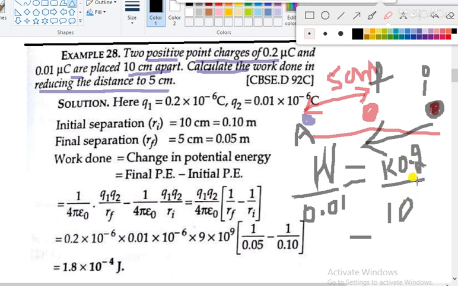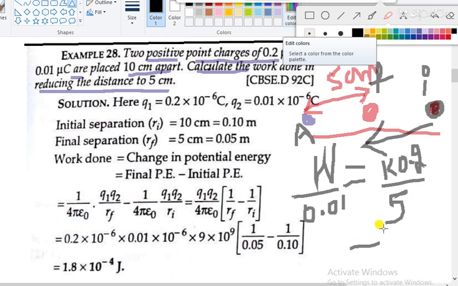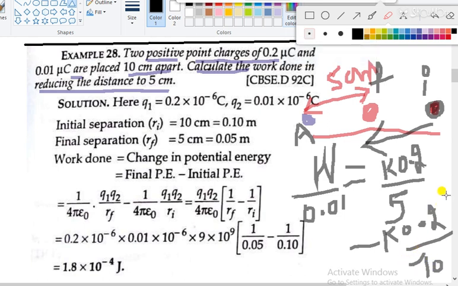The final potential is 5, so you have to take 5 here, and minus K into 0.2 by 10. Students, you have to convert the 10 centimeters into meters also, and you have to convert the charge from microcoulomb into coulomb also.